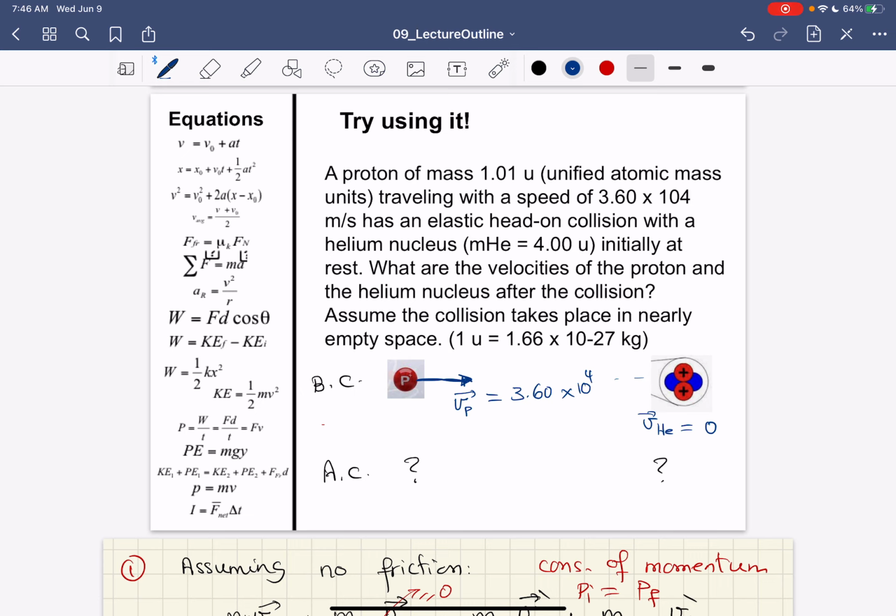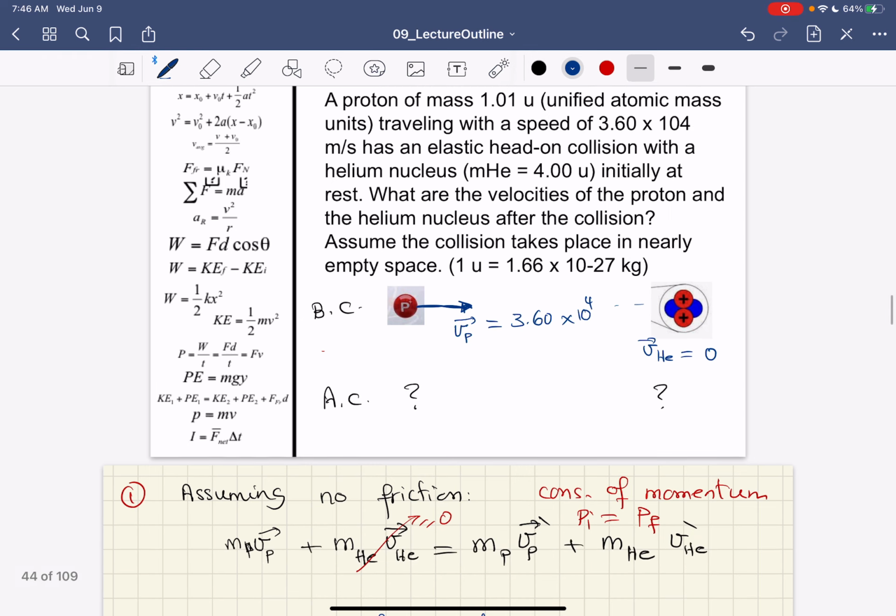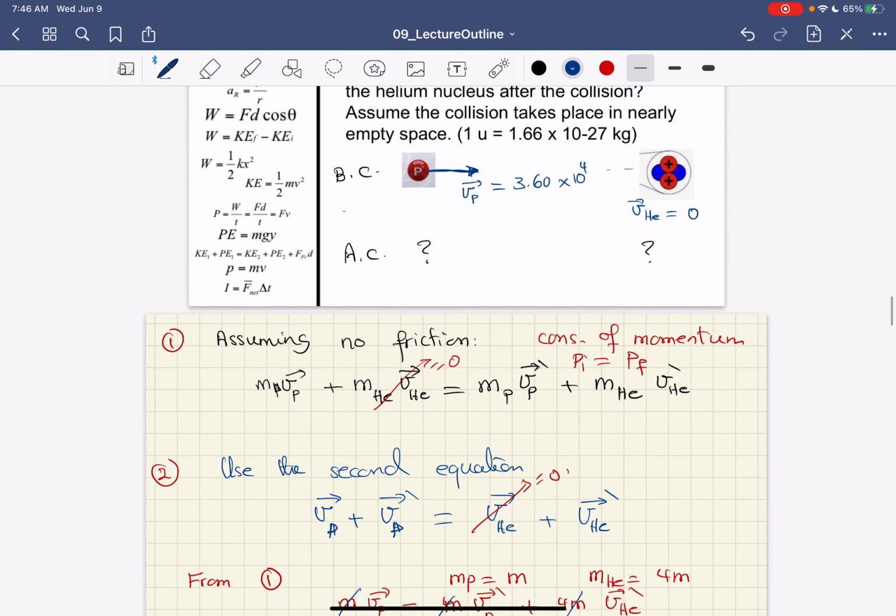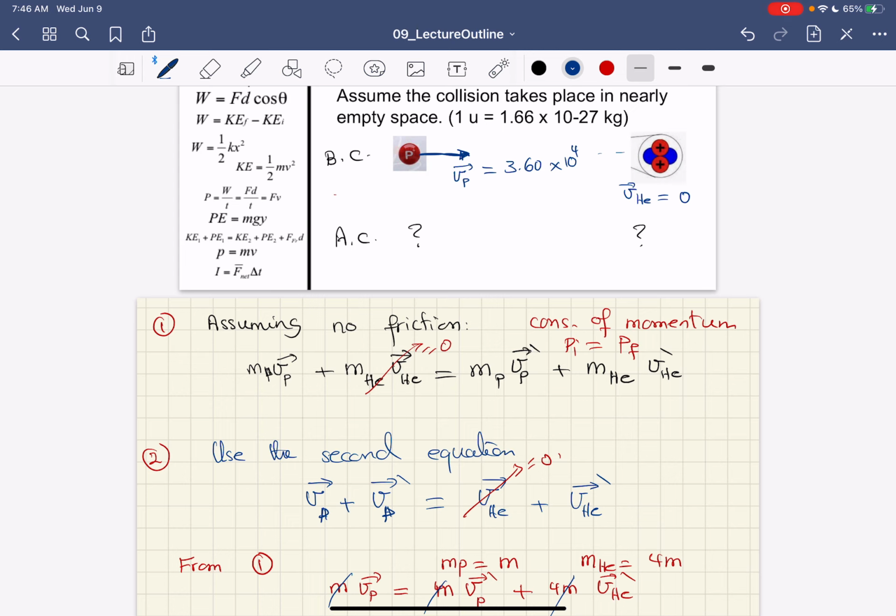Now, I don't need that conversion factor unless I am asking you to calculate the change in kinetic energy, because that should be in joules, and then I should convert the atomic mass units into kilograms. In conservation of momentum, I will not use it because I will cancel the mass from my equations.